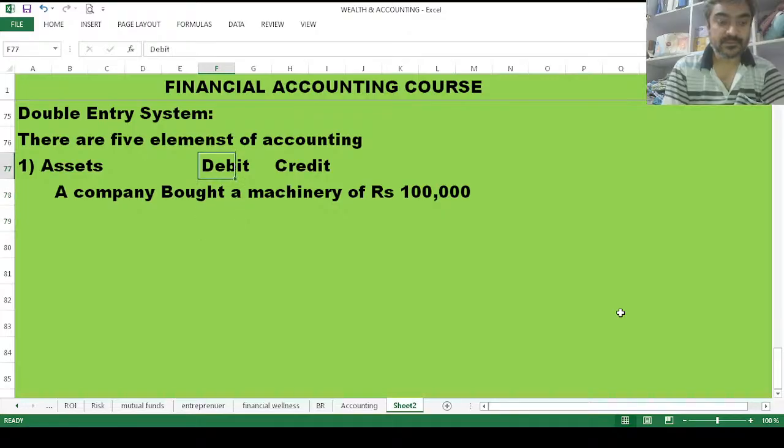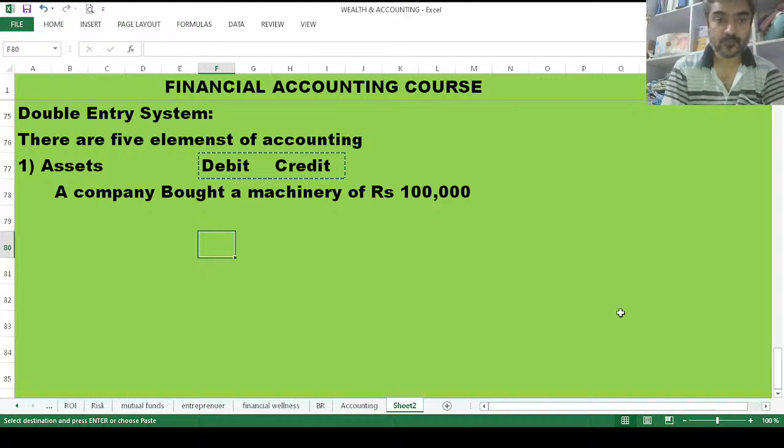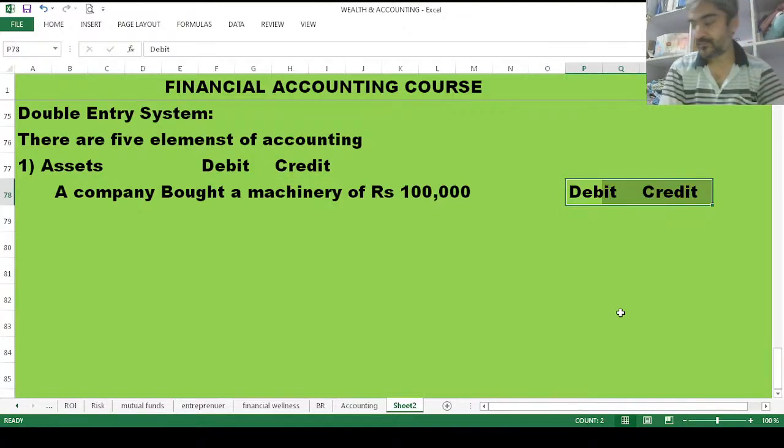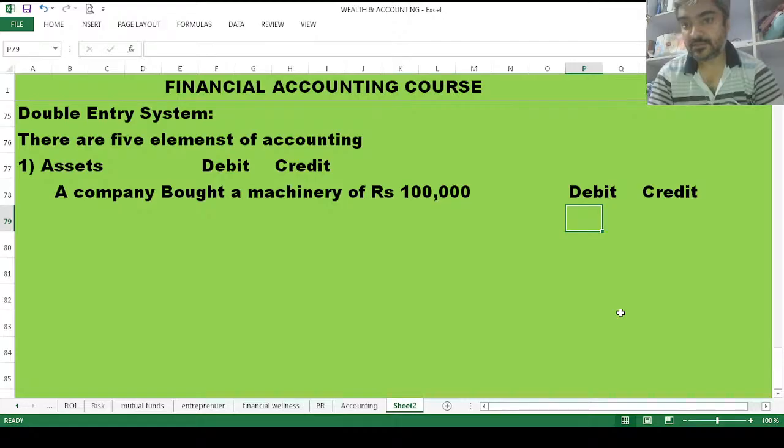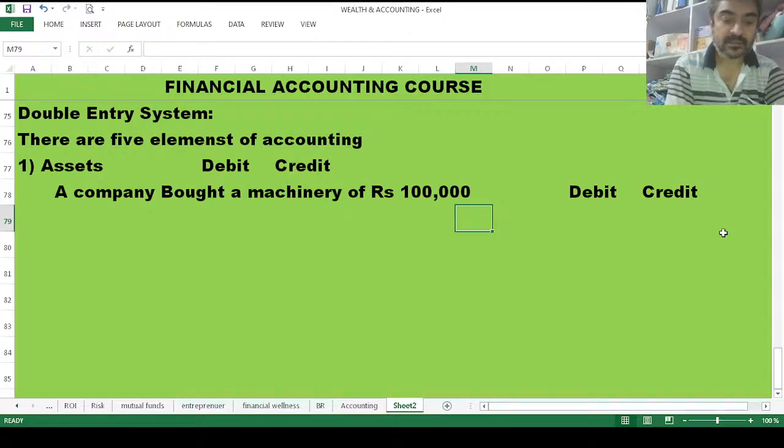What we will do, we create two columns. The left side column we call debit, and the right side column we call credit. We open an account with the name of machinery account.